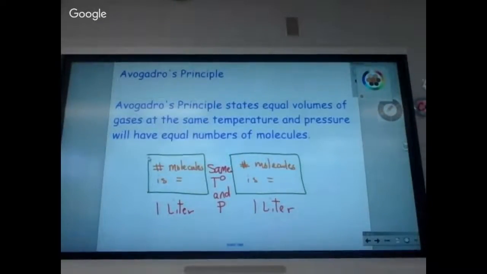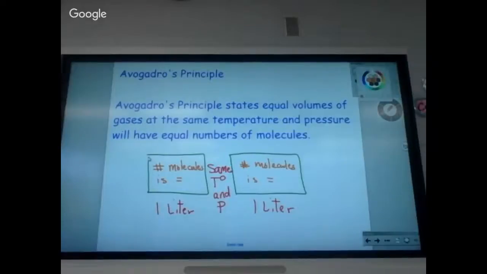But we don't necessarily know what that number happens to be. It's just an equal number. Now, he went further than just that, though. I'm still waiting on people to catch up. Am I giving everybody enough time now?